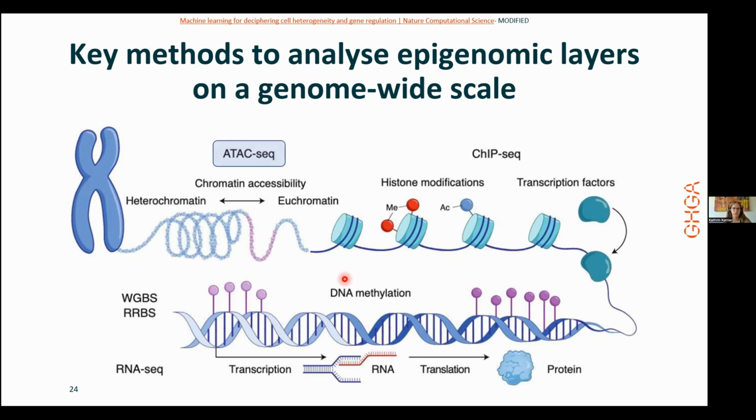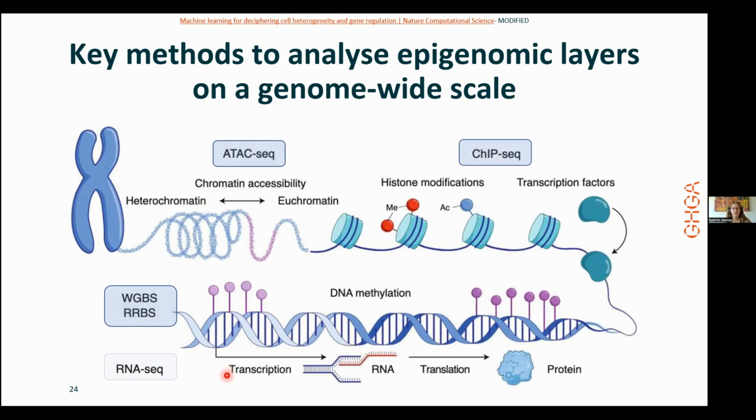So first of all, I would like to talk about ATAC-seq for the analysis of chromatin accessibility. Then about ChIP-seq, this is a method where we can profile histone modifications, but also transcription factors which are bound to the chromatin. For DNA methylation analysis, I want to show two different experiments, whole genome Bisulfite sequencing and reduced representation Bisulfite sequencing.